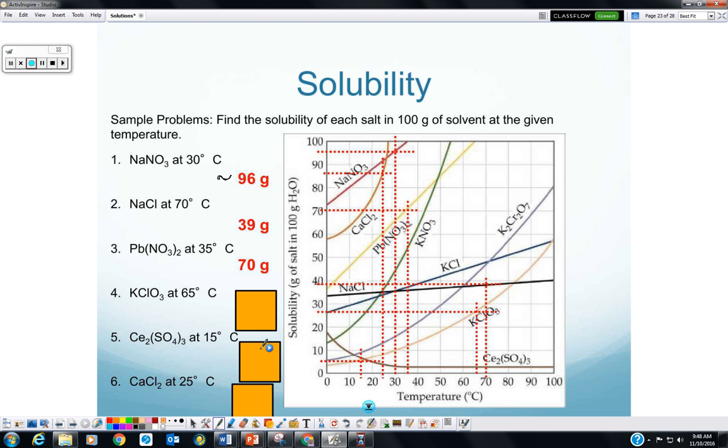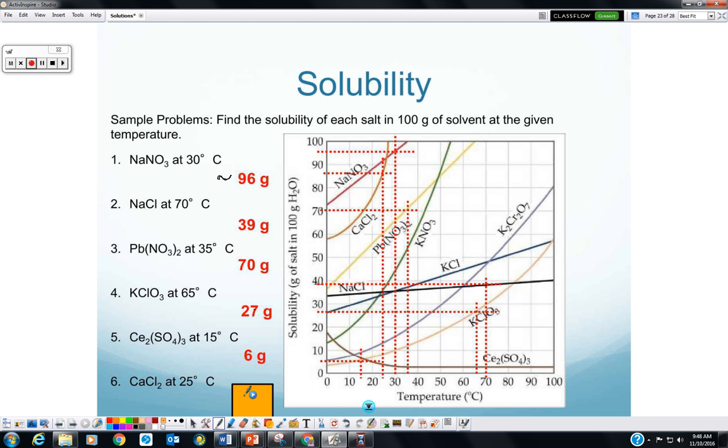I guess it really depends on where you draw your 35 degree mark. All right, potassium chlorate at 65 degrees. 28 grams. All right, I got 27, so 28 is pretty close.